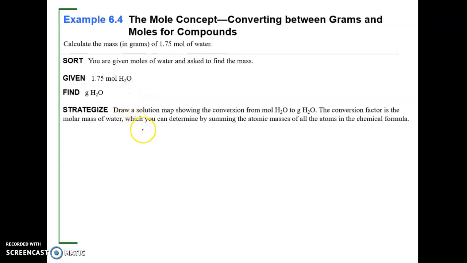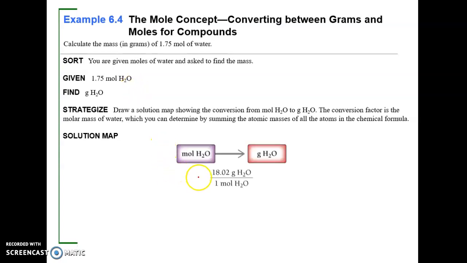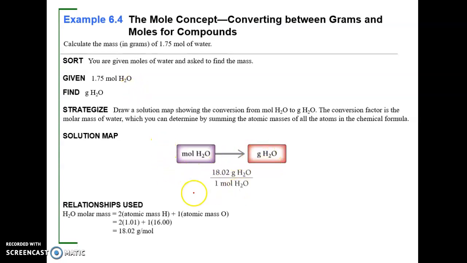In order to convert from moles to grams, I need the molar mass of 2 hydrogens and an oxygen. They've already added it for you here, but on your periodic table, you get the atomic mass of 2 hydrogens and the atomic mass of 1 oxygen. That equals 18.02 grams per mole.